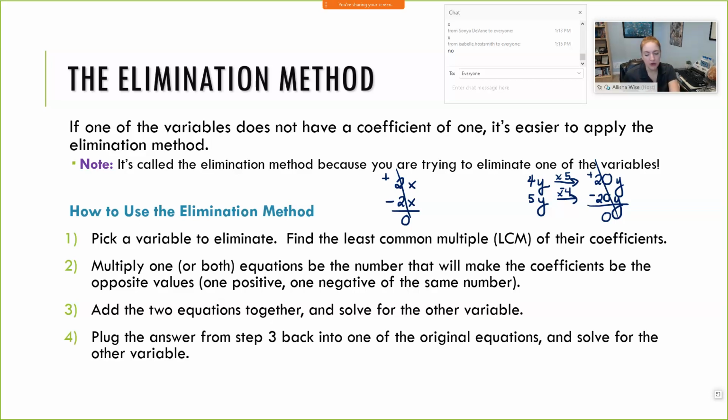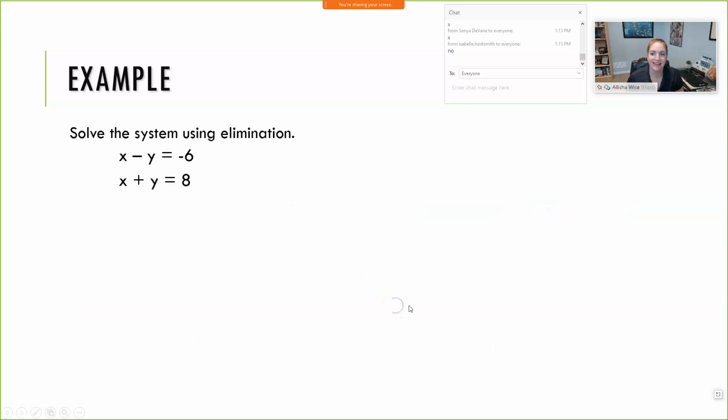Then you're going to take that answer and do the exact same thing we did with substitution. We're going to plug it back in and solve. So the back half of this method is identical to the back half of the substitution method. So sweet, we're only learning that first little bit. And of course, check your answer, right? You always say that.